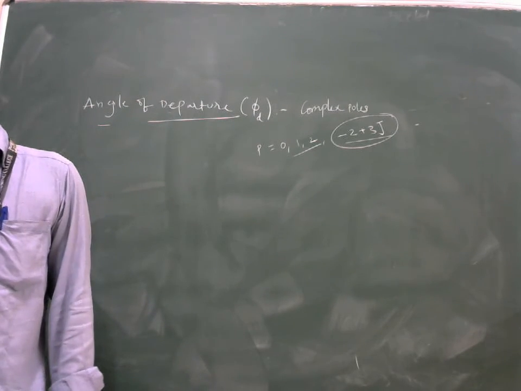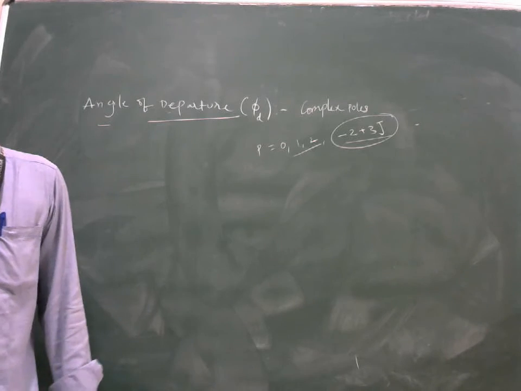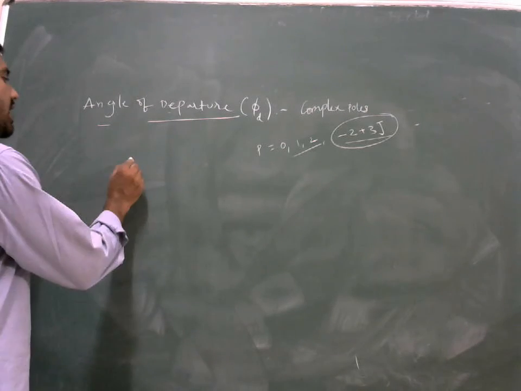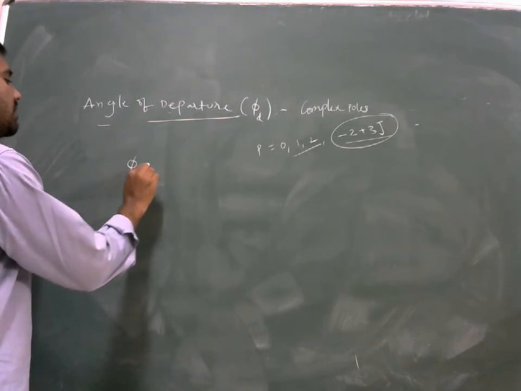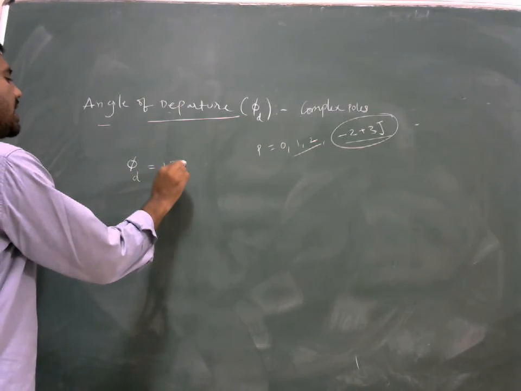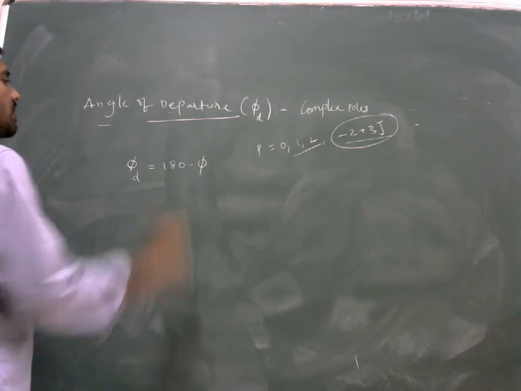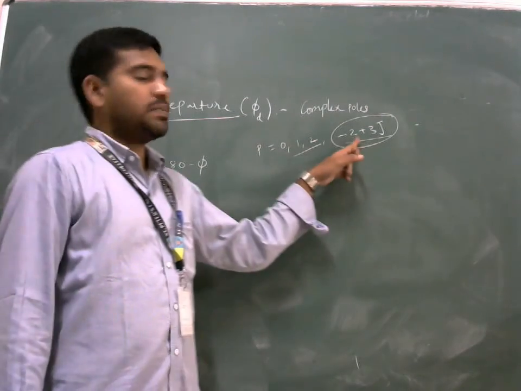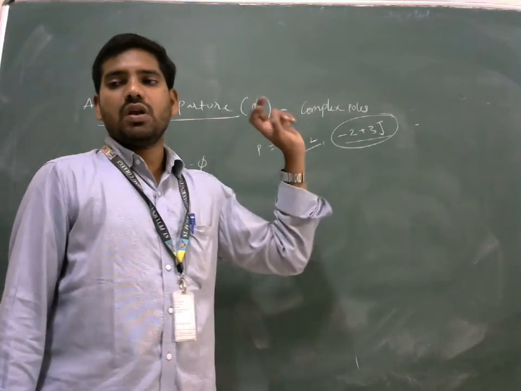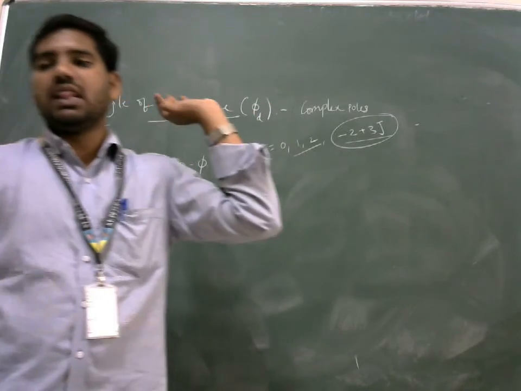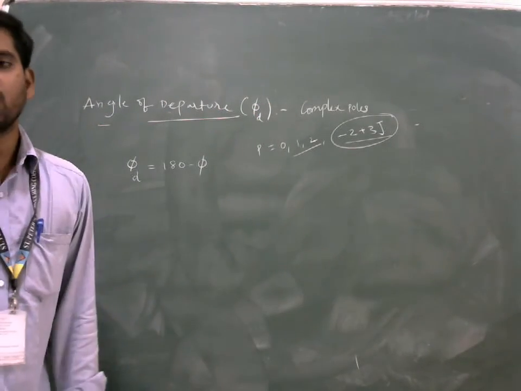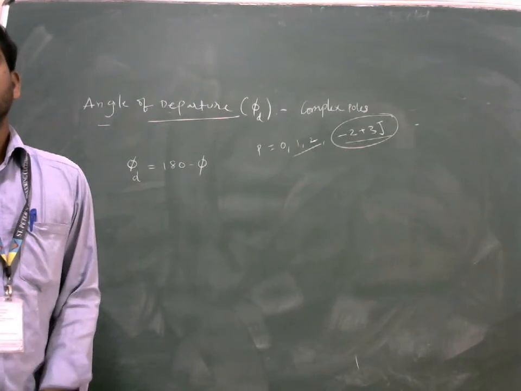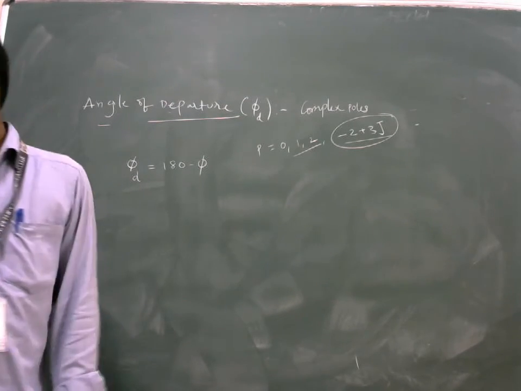To find that angle of departure, we have one formula, phi d is equal to 180 minus phi. Angle of departure is nothing but the angle at which the root locus departs from that particular pole. That we call the angle of departure.